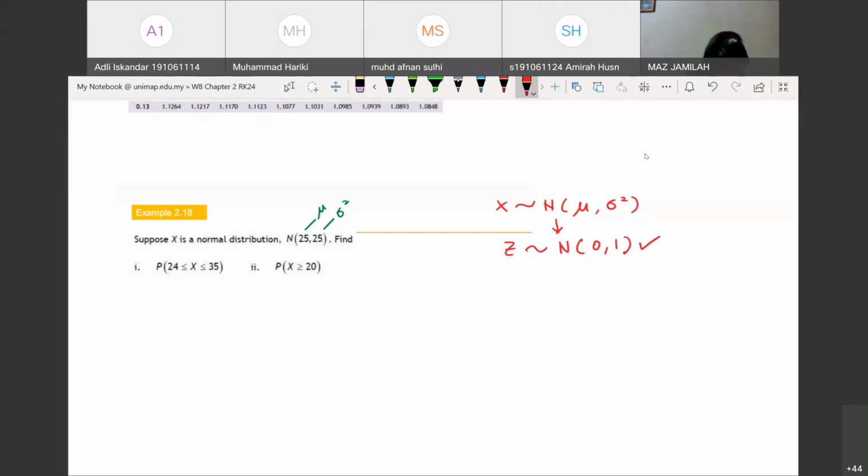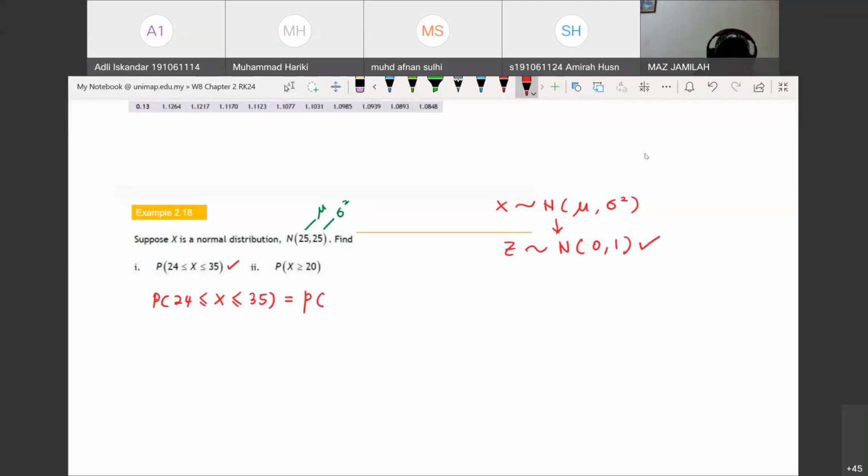So how do we start the calculation with respect to the actual problem? First thing first, you will have to transform into Z. Now the equation will be given in terms of X. So this will be P of 24 less than or equal to X less than or equal to 35. We need to transform to Z standard normal.